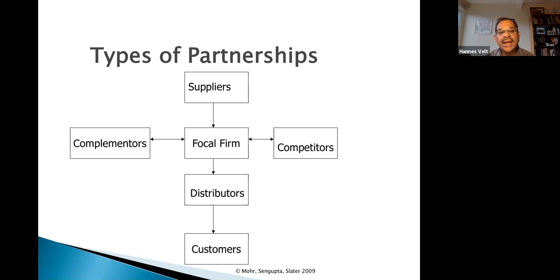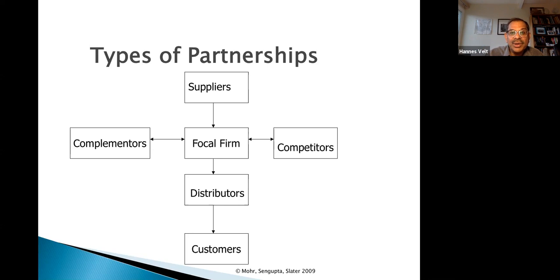It's definitely the case that vertical partnerships are a little easier to manage than the horizontal ones, because in the vertical supply chain, the interests of all the parties have to eventually be aligned with the customer's needs and values. So everybody in the vertical chain understands that it's the customer's needs that are the most important rather than our individual needs.